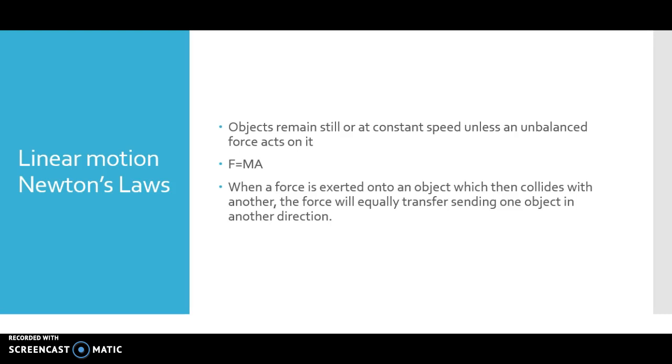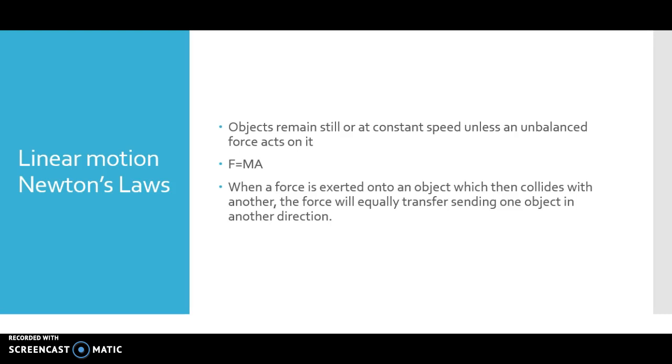Now we've gone to Newton's laws. As you should probably be aware, there are three main laws. The first is the law of inertia, the second is acceleration, and the third is action and reaction. Let's start off with the law of inertia.